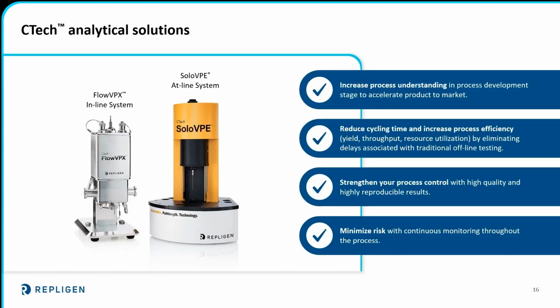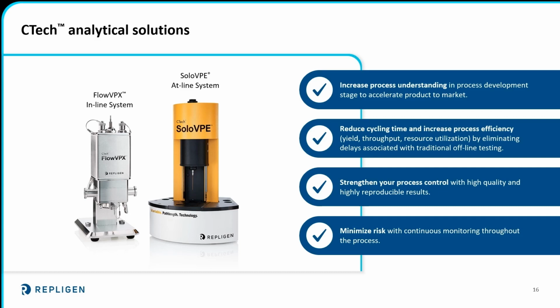To summarize, we're increasing our process understanding in process development stages to accelerate product to market. You are now able to get a true view of your entire process or bench analytics to know exactly where you are within a given process.